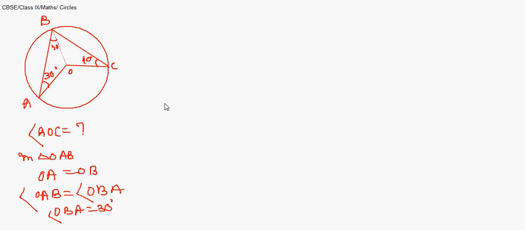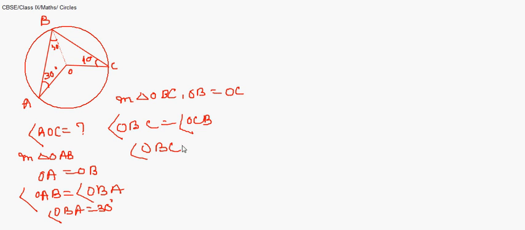Look at the other triangle, in triangle OBC. Similarly, OB will be equal to OC, thereby making angle OBC equal to angle OCB. So angle OCB was 40, so angle OBC will also be 40 degrees.